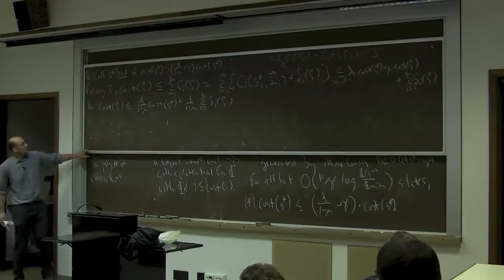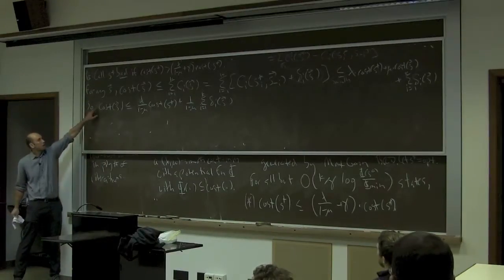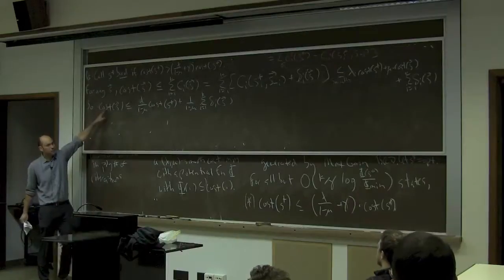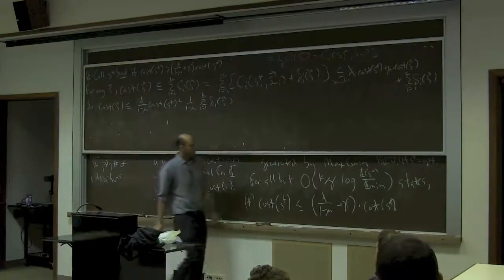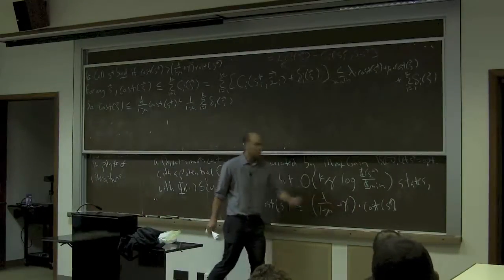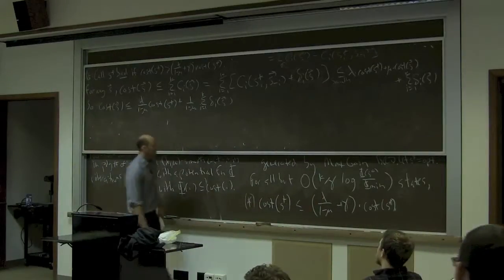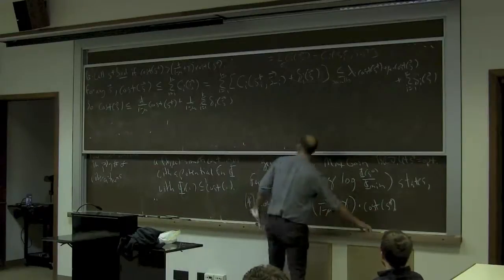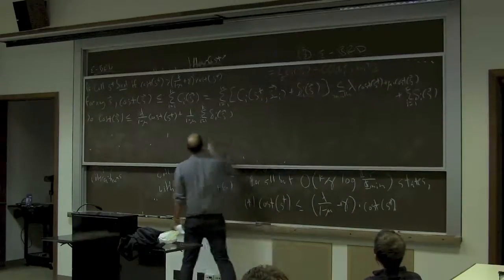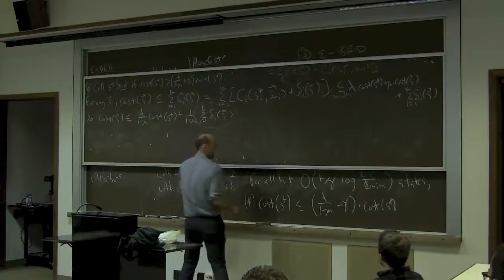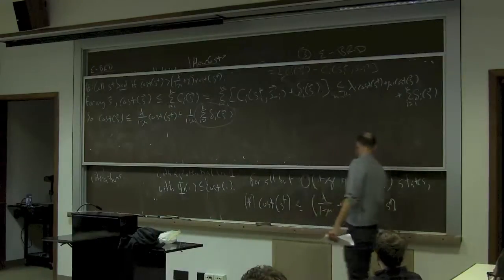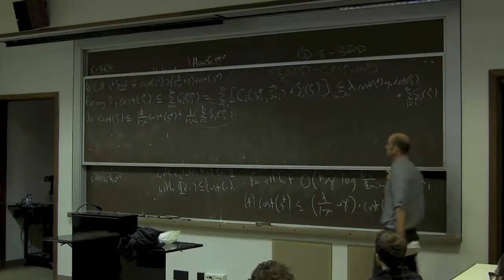What this says is the only way that can happen, the only way your cost in an outcome can be bigger than lambda over 1 minus mu plus gamma times the cost of the optimal solution, is if this final term is at least this gamma times this cost.